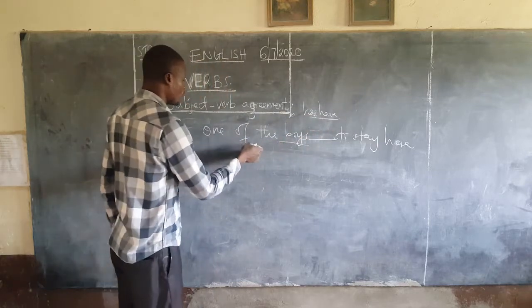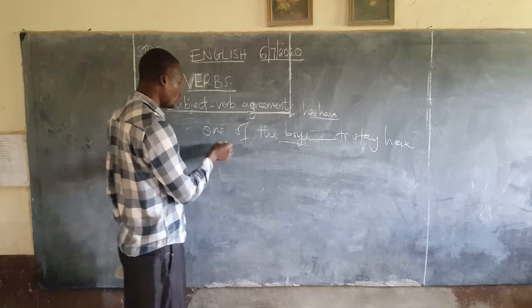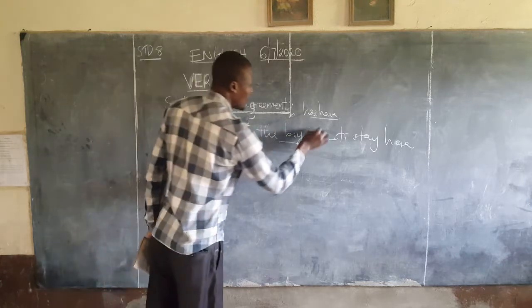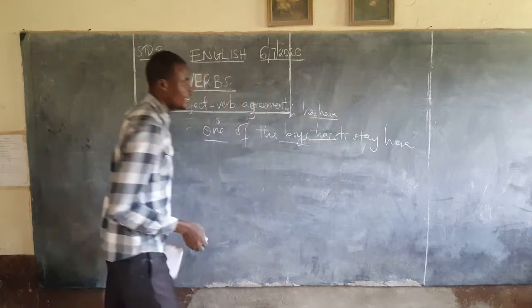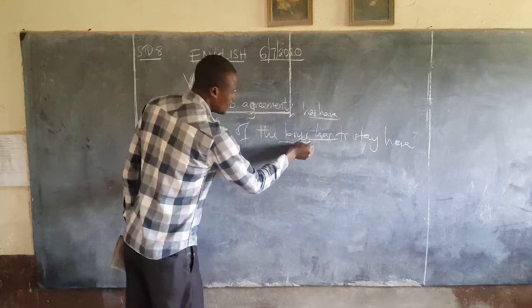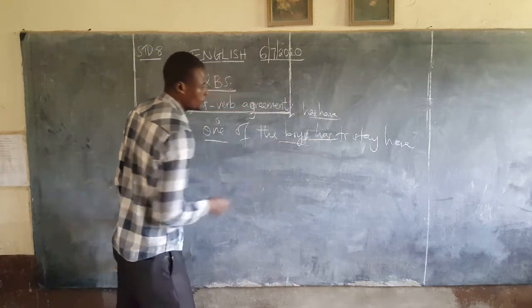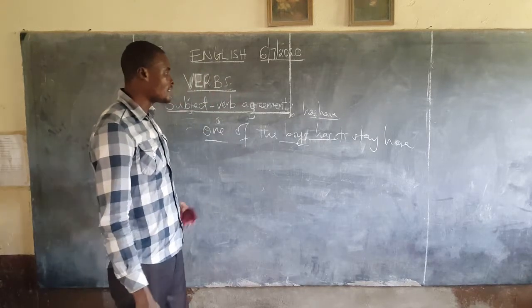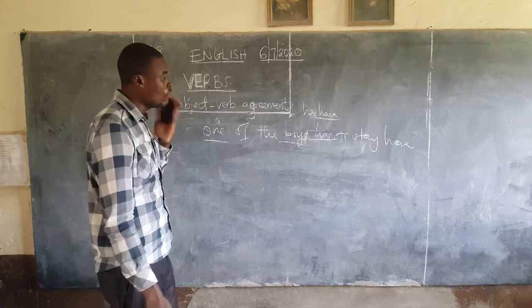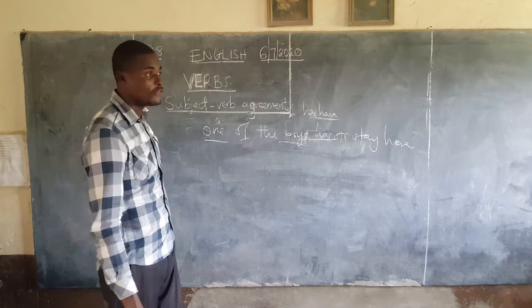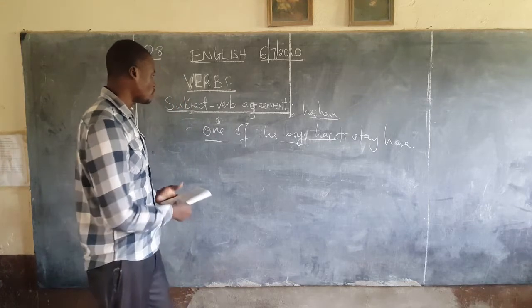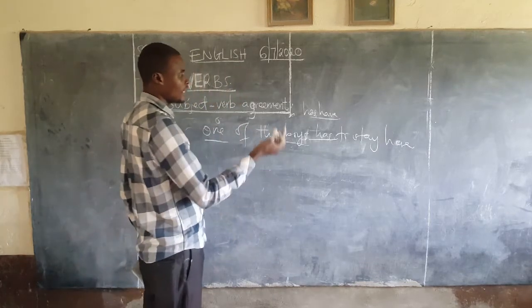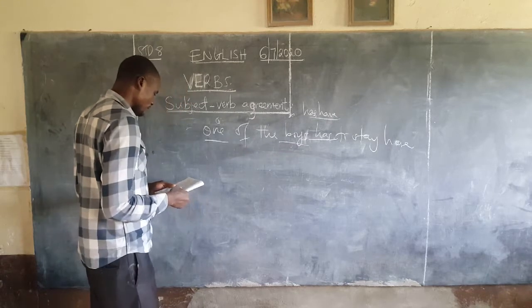So one of, this is just one out of many. We refer to one person only. They say one of the boys has to stay here. Don't say one of the boys have. Let these boys here not confuse you. Because even if you talk of many, talk of one of my books has been stolen. You can't say one of my books have been stolen. We refer to only one subject. So one of my books has been stolen. One of the boys has to stay here, and so on.